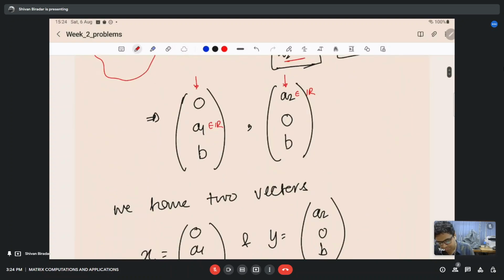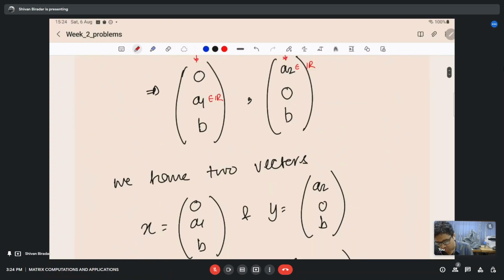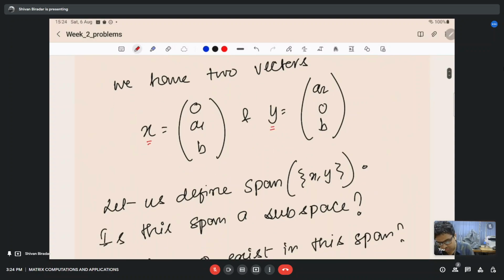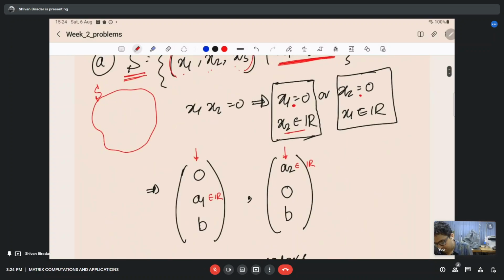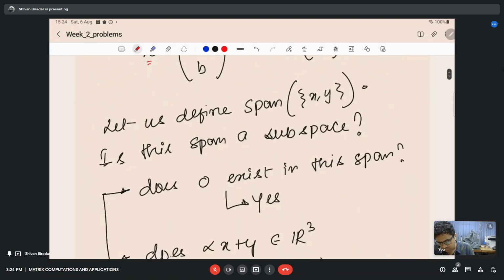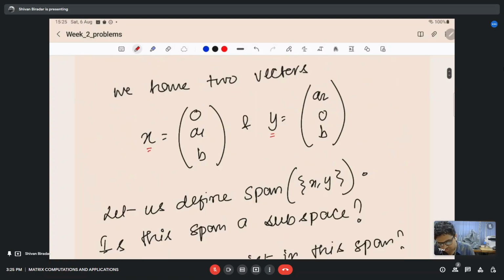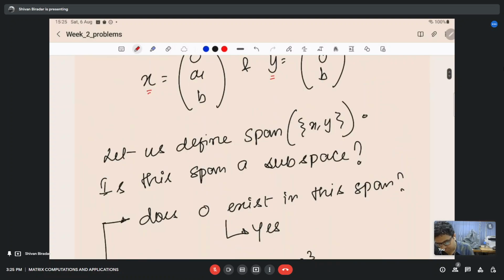So for a subspace, we have to first check whether it is closed. So let us say that we have two vectors, x and y. These vectors lie inside the subset S. Does 0 exist in this span? Okay, so we have two vectors x and y. Let us generate the span of these two vectors.